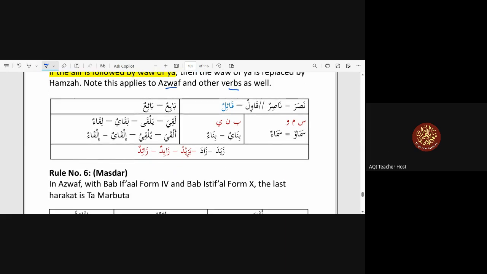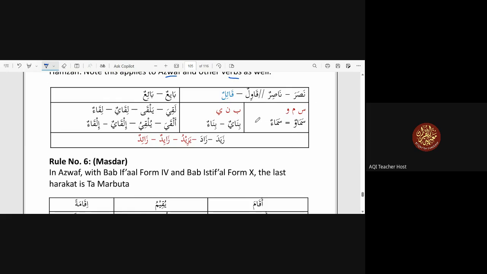And for others, like samawun, okay, here sin, mim, and waw are the root letters. So samawun, waw is preceded by alif. Okay, so this waw will be replaced by hamza. So samawun will become sama'un.